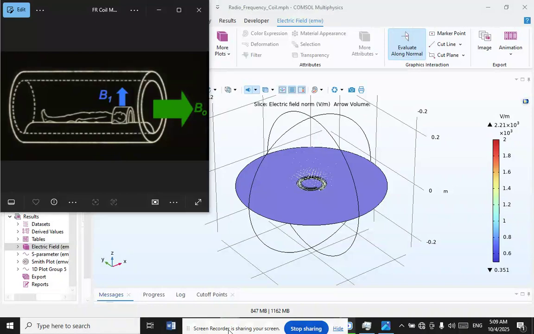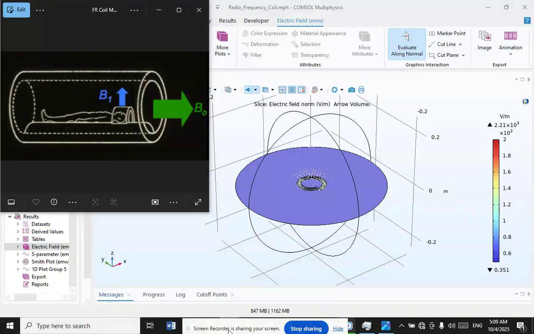RF coils may serve as transmitters, receivers, or both. When used as transmitters, RF coils generate an oscillating, rotating magnetic field denoted B1 that is perpendicular to the static main magnetic field, or B0. If the oscillation of B1 closely matches the natural precessing of nuclear spins near the Larmor frequency, energy is deposited into the spin system, causing a change in its net alignment.